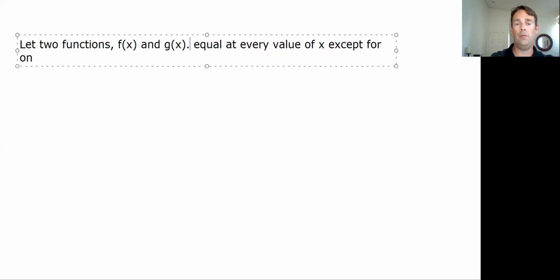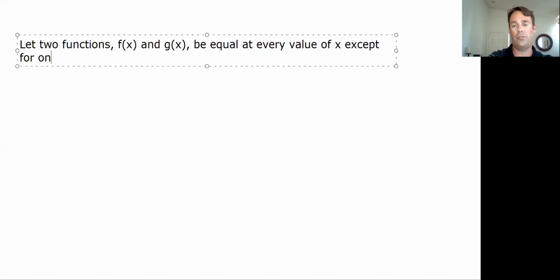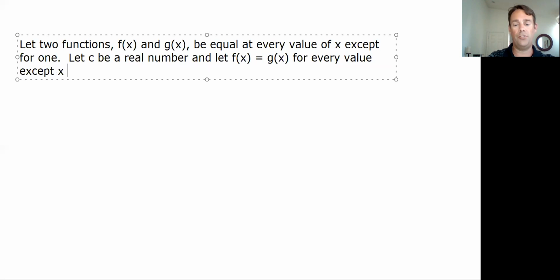Let them be equal at every value of x, except for 1. Let c be a real number again. So any real number, it doesn't matter. And we're going to let f of x be equal to g of x for every value except x equals c.